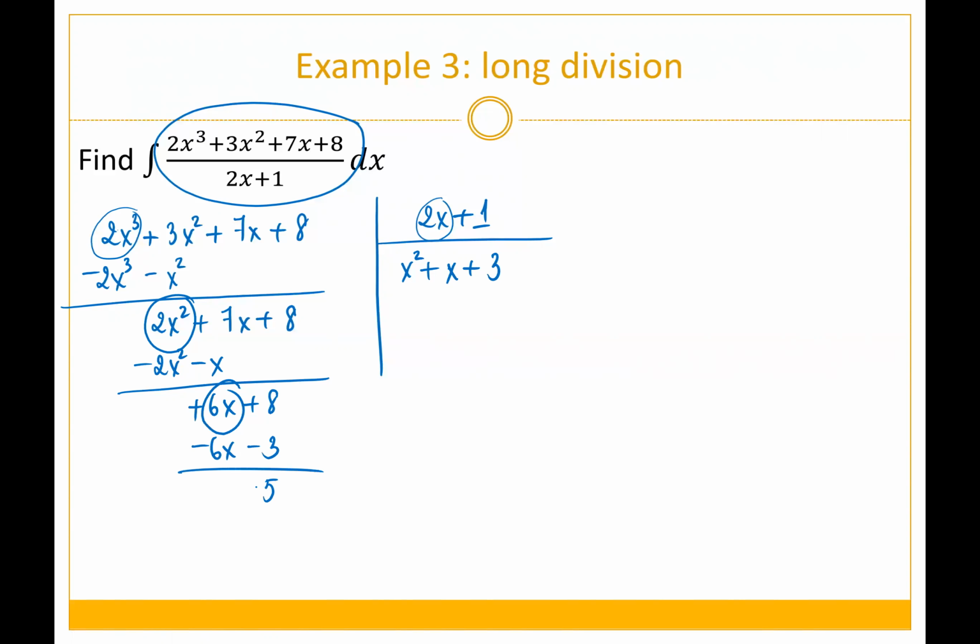So you have 5 left. Now 5 is smaller than 2x, so we stop the division there. So what we have here is that this integral is going to become x squared plus x plus 3 plus 5 divided by 2x plus 1 dx.